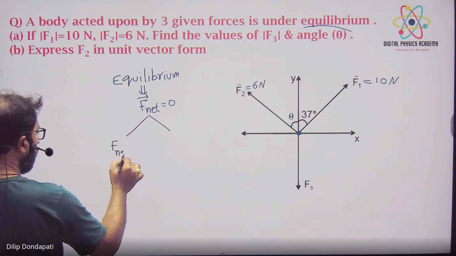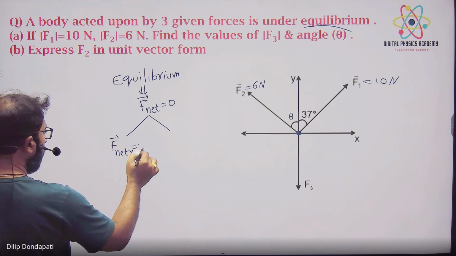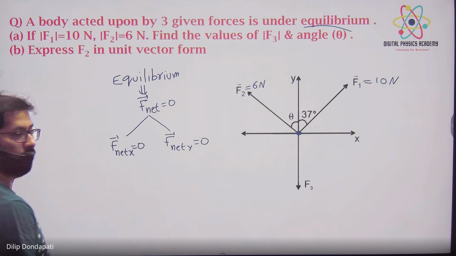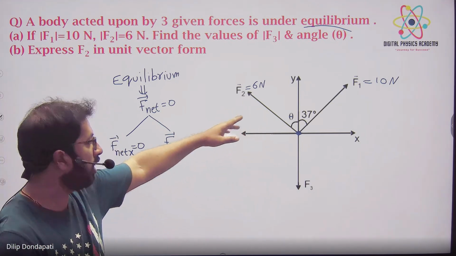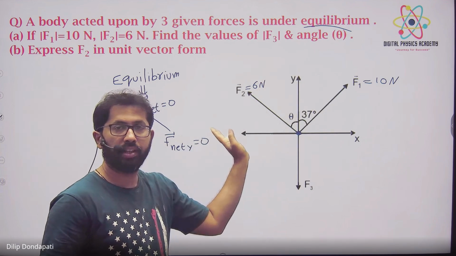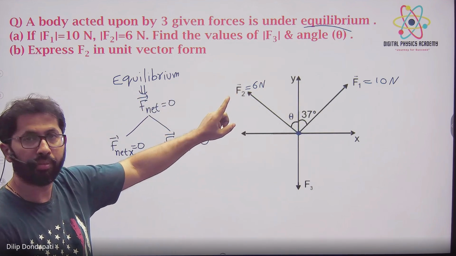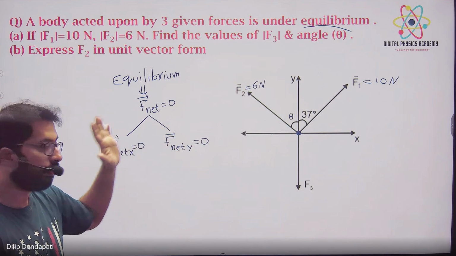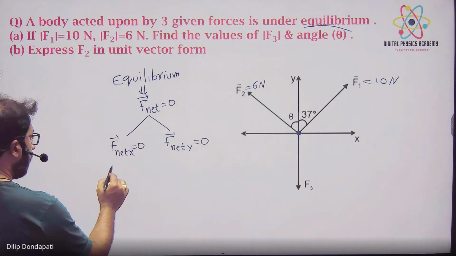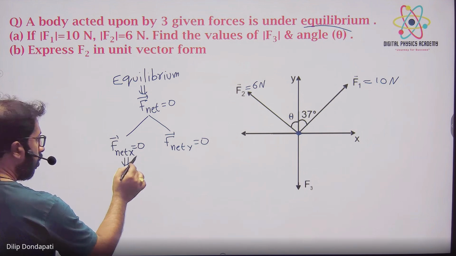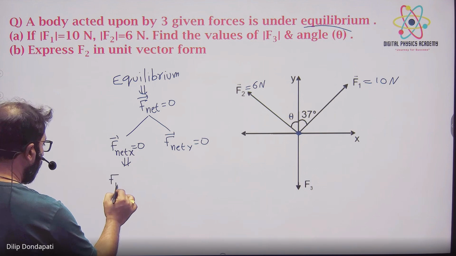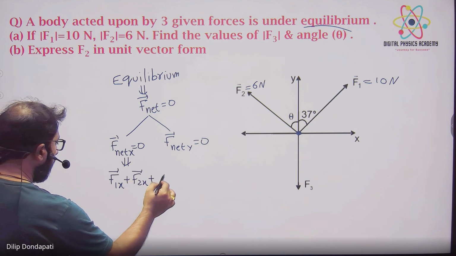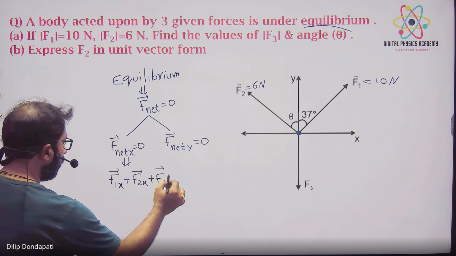Net force in x direction is 0 and net force in y direction is also 0. तो सभी forces के x, y components आ रहे हैं. That means with 3 forces, indirectly I want F1x plus F2x plus F3x is 0.